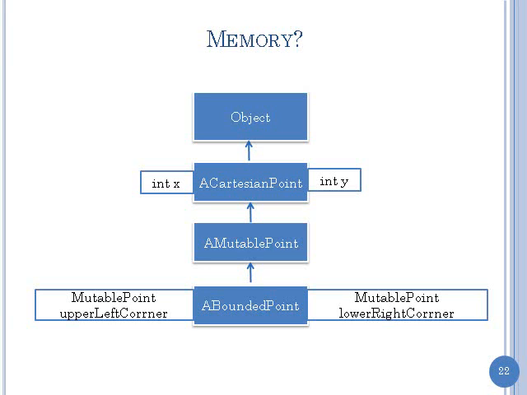Each int is a word. How many slots are there? So there'll be 2 words. How many words of memory does a mutable point have? 2. How many words of memory does a bounded point have?